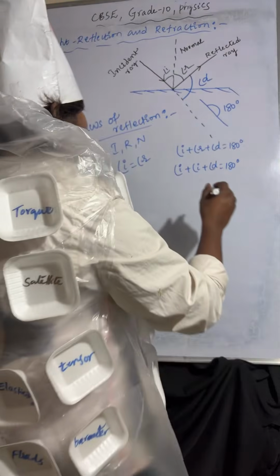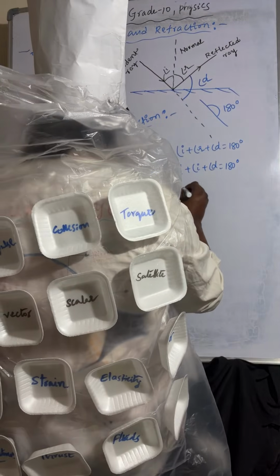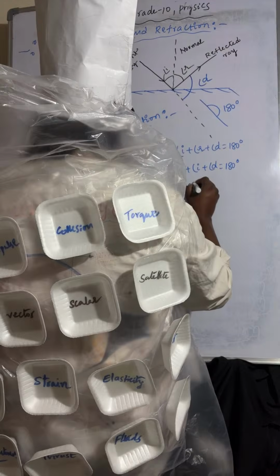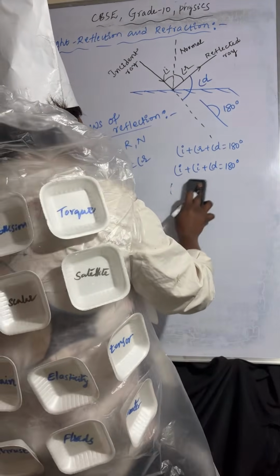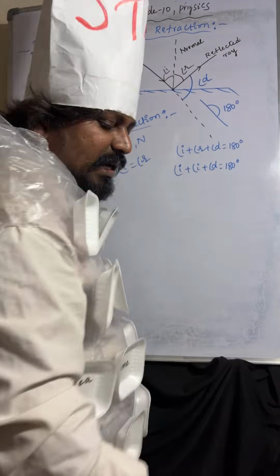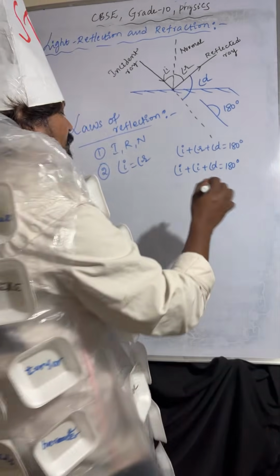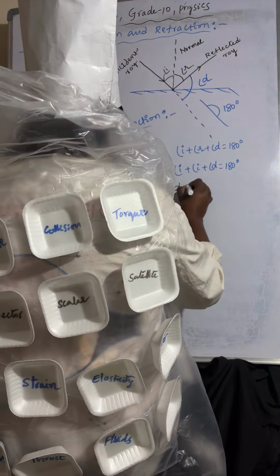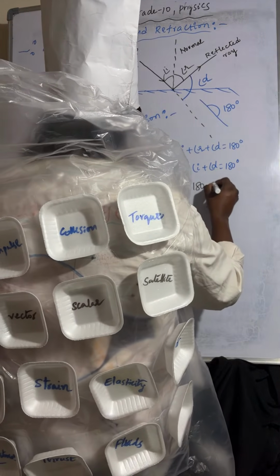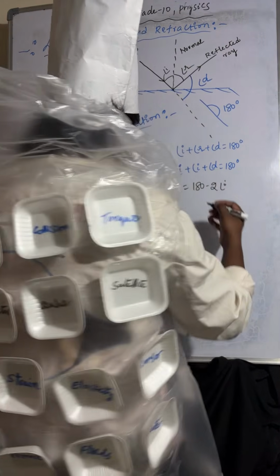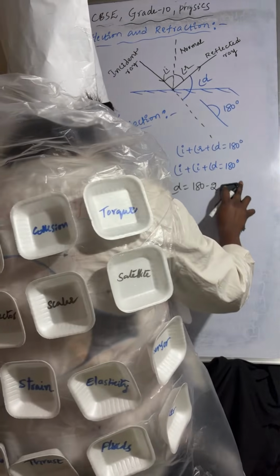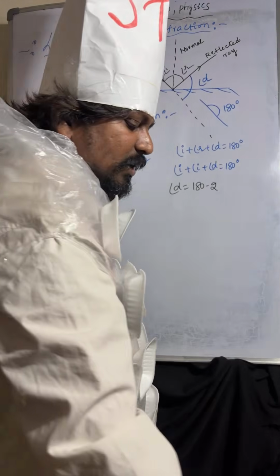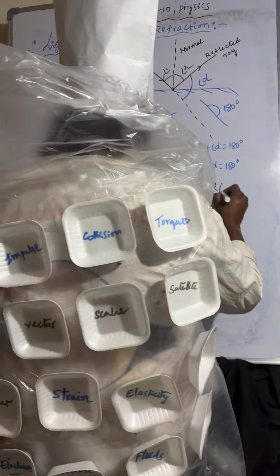So that's why I am writing here angle of incidence plus angle of incidence. So angle of deviation equal to 180 minus 2 angle of incidence. Understood? So that is about angle of deviation.